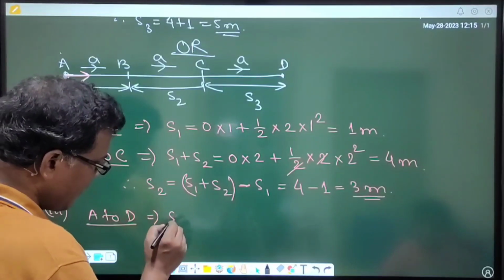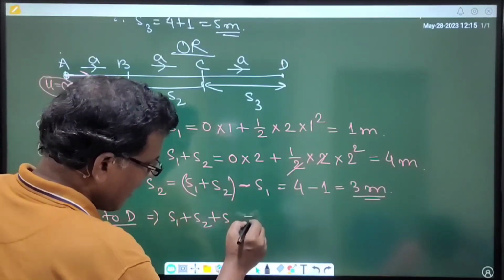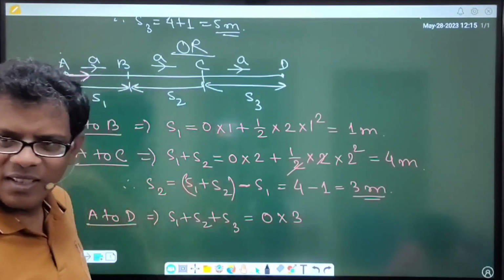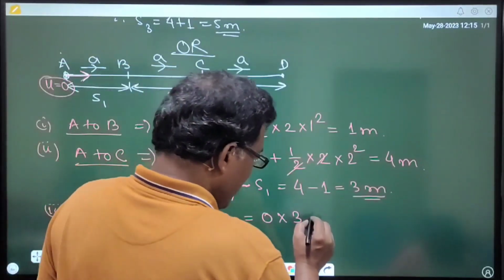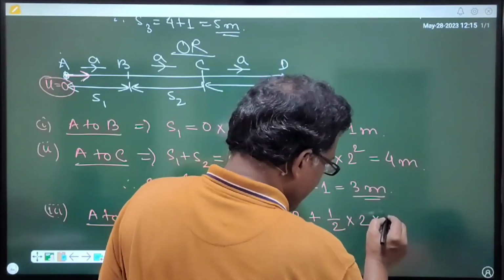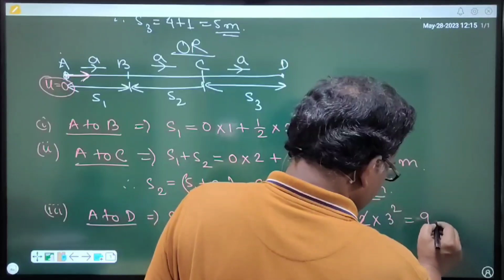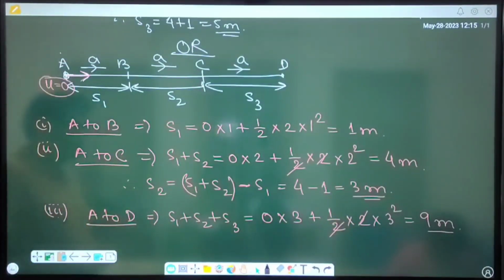That calculation will again be 0 into 3, because A to D is total 3 seconds, plus half into 2 into 3 square. Yes or no? So is it coming 9 meter? So S1 plus S2 plus S3, we are getting as 9 meter.